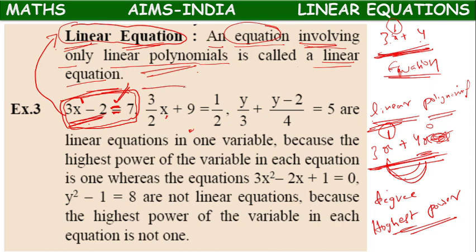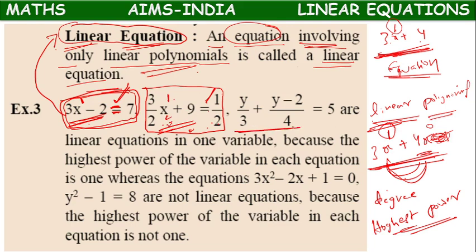In the same way, in this one also the highest power is 1, so this is a linear polynomial, equal to 1/2 as given. That's why it is a linear equation. We can say linear equation in x, because we have the variable x here.